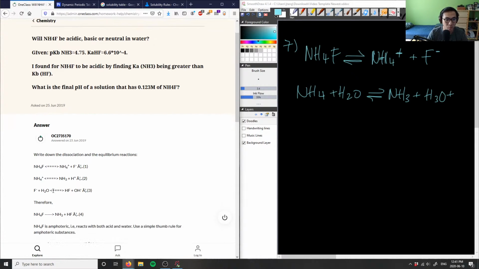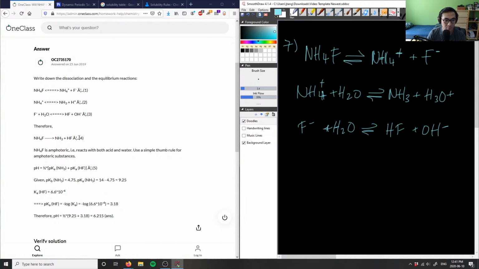And they also wrote an equilibrium reaction for the F minus here. So F minus plus H2O gets me HF plus OH minus. F minus is simply the conjugate base of our hydrofluoric acid. So therefore you have NH4F is NH3 plus HF here, which is good. They simply combine both of these reactions together.